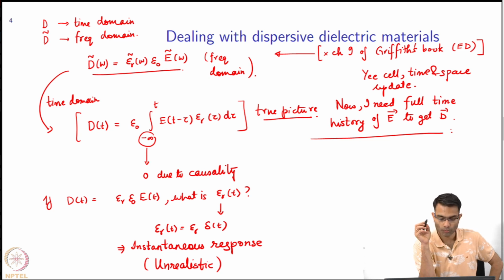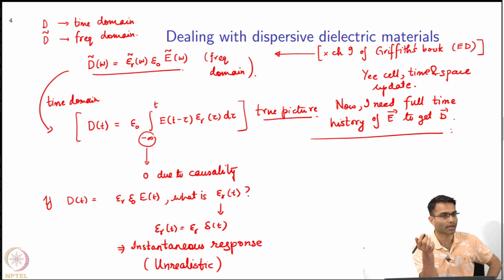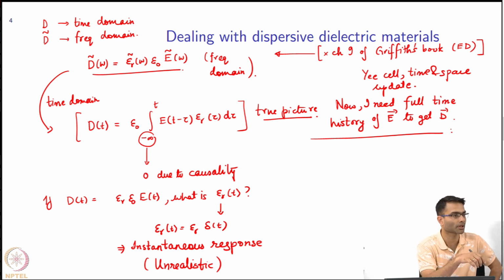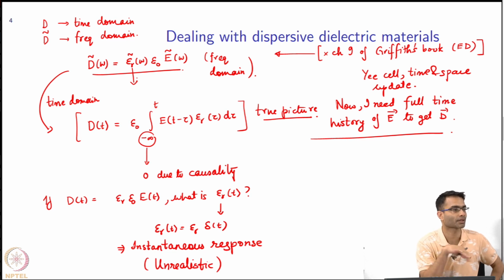So what we will do is assume a simplistic model rather than compromising on the calculation. We'll assume a simplistic model of the frequency dependence of permittivity and see if that saves us from saving the entire time history.